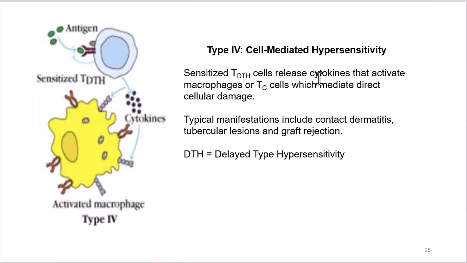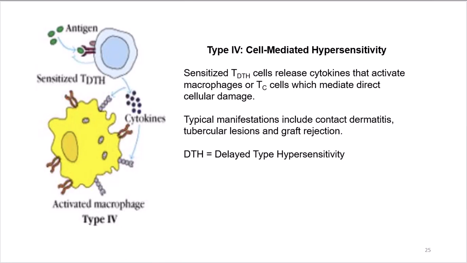And then the type 4, which are mediated by cells. So these type 4 reactions are also called delayed type hypersensitivity reactions. Normally elements of the immune system, like complement, are already designed to kill the organism. In the case of delayed type hypersensitivity, it takes time for the T cells to become sensitized and then to make their way to the site of infection.